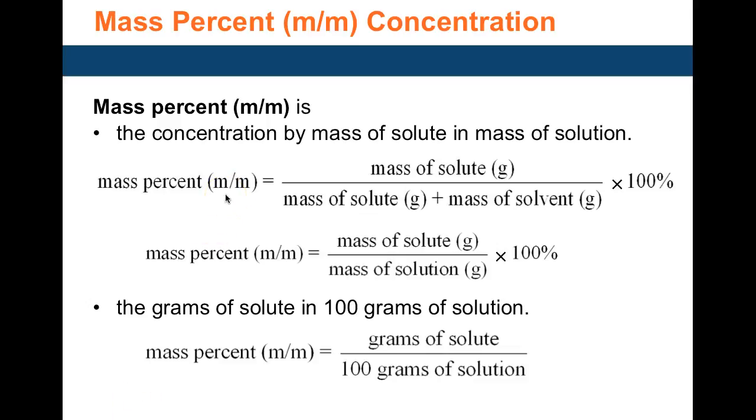Okay. So percentage m by m is the mass of the solute over the mass of the solution, which includes the mass of solute plus the mass of the solvent, times 100%. So that would be a percentage mass by mass.